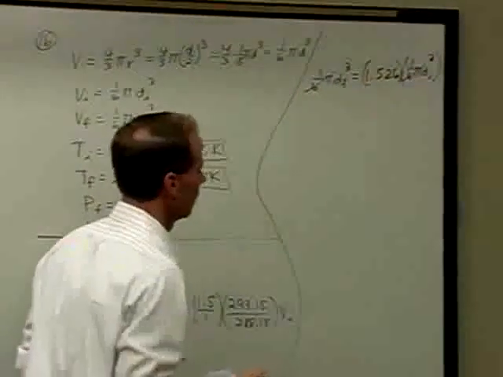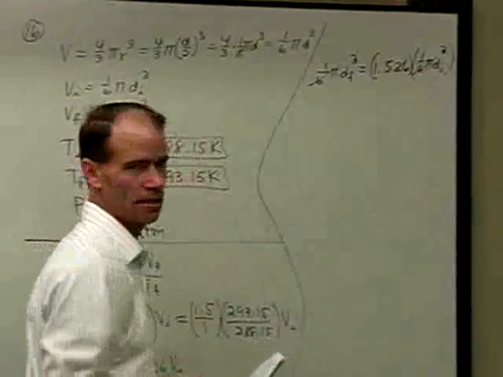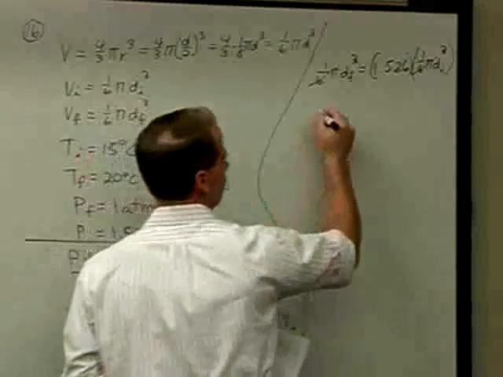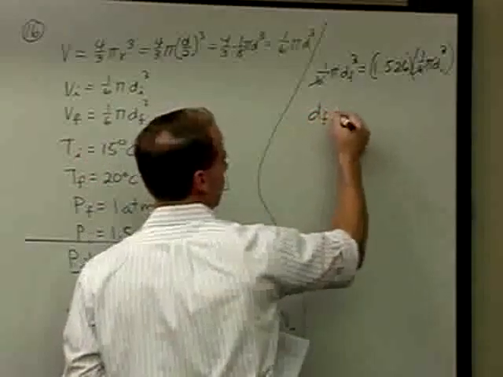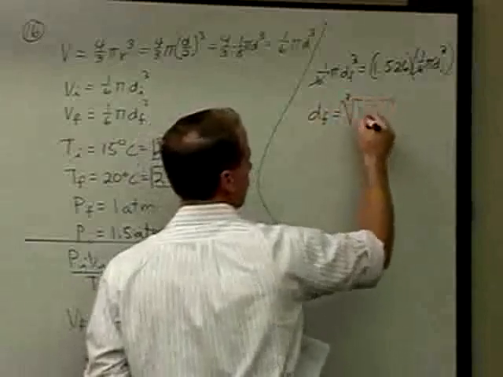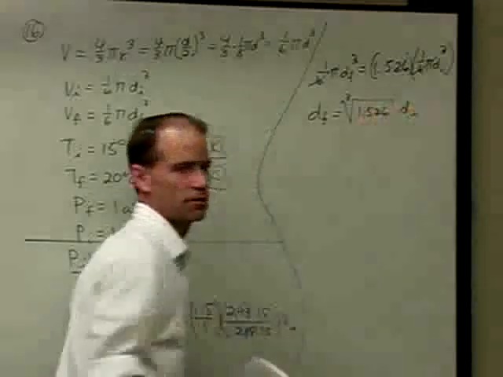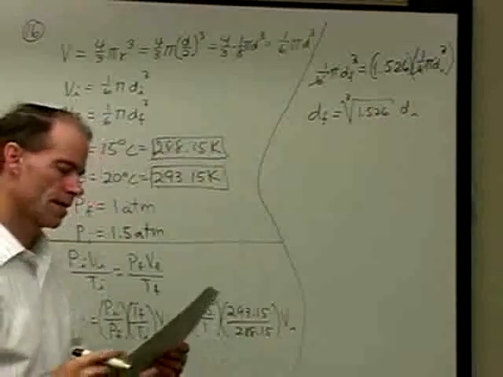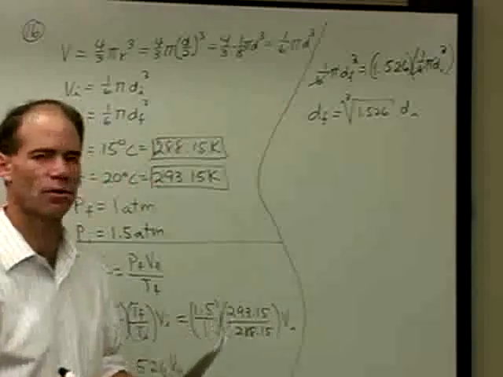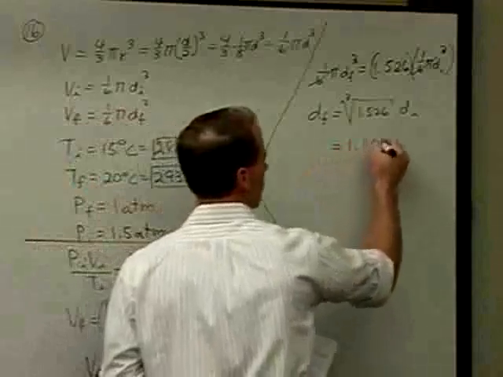And so we have D final cubed equals 1.526 times D initial cubed. Let's take the cube root of both sides. So the final diameter is the cube root of 1.526 times the initial diameter. And if I take the cube root of 1.526, I get 1.15.